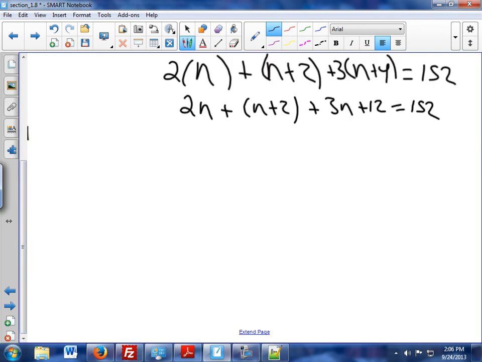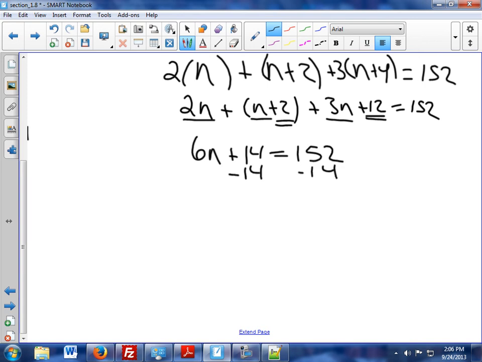At this point, I start combining like terms and solving. I have an n, and an n. That's 6n plus 2 and a 12 is 14 equals 152. Minus 14, minus 14 equals 138.